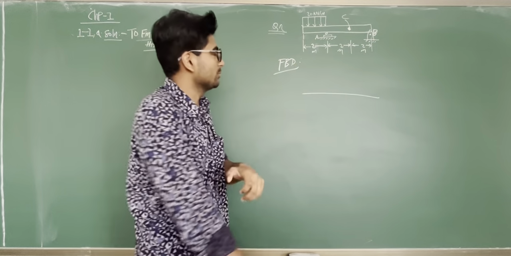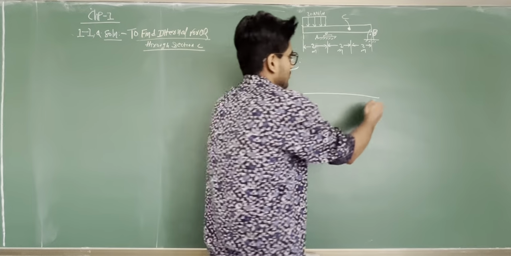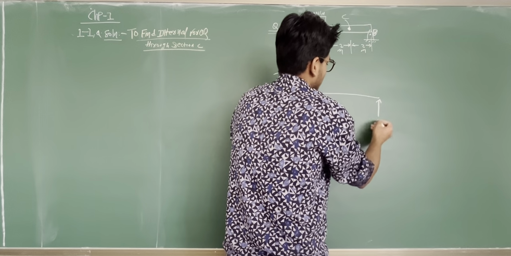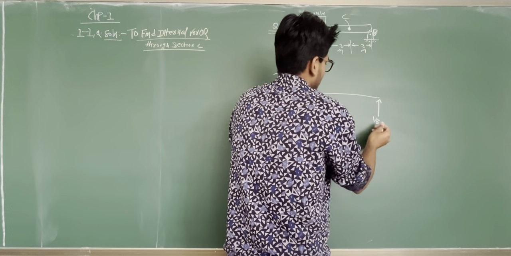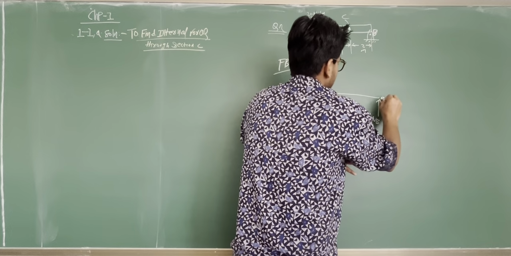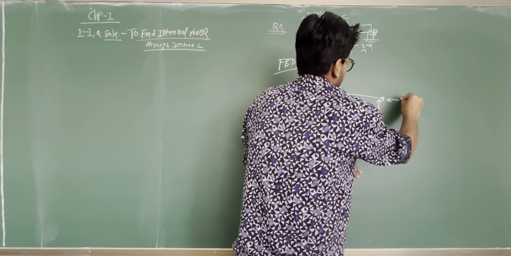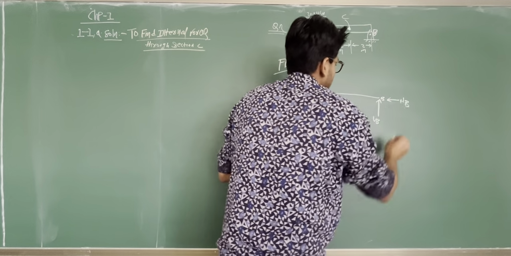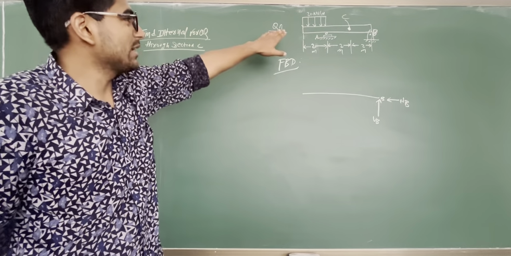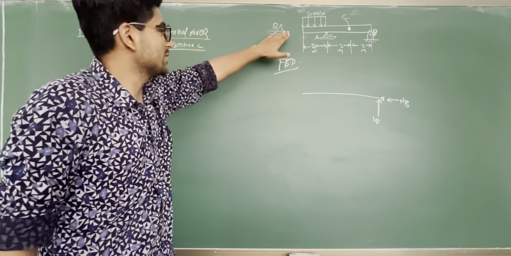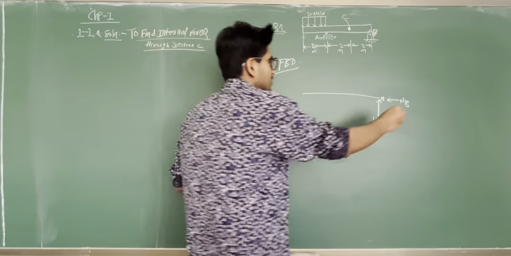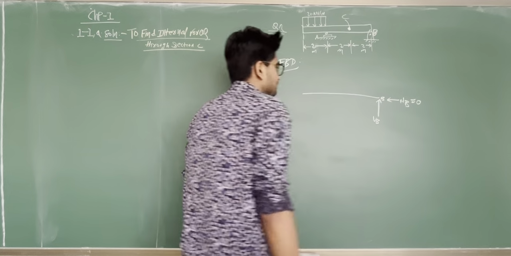On the fixed pin support we have two reaction forces: one is VB, and another is HB. Since there are no other horizontal forces, HB equals 0.